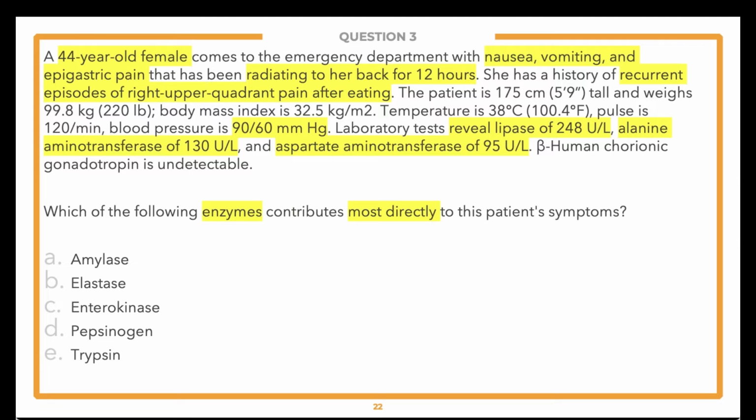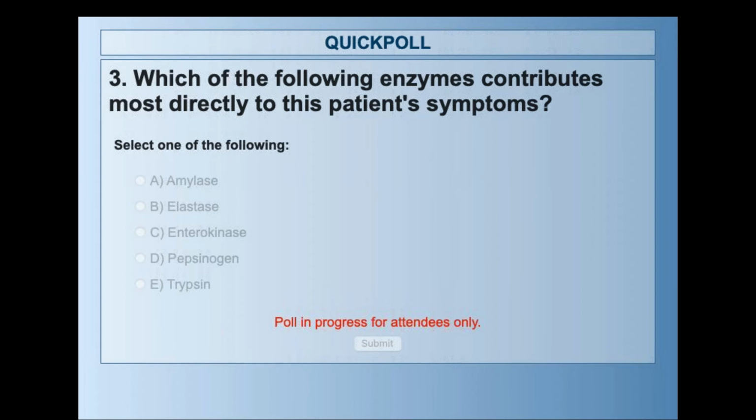All of these are enzymes in one way or another, but which is contributing to the underlying issue? And that's what the question is asking. So I want you guys to think about this one, connect the dots, and let's take an answer. Okay. You've got your marching orders, so go ahead and pick your enzyme here.